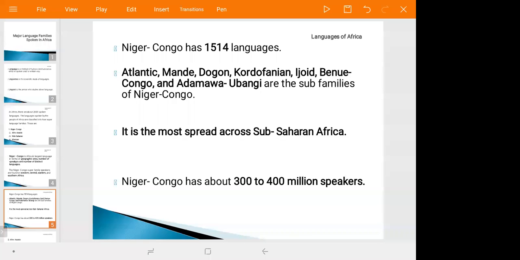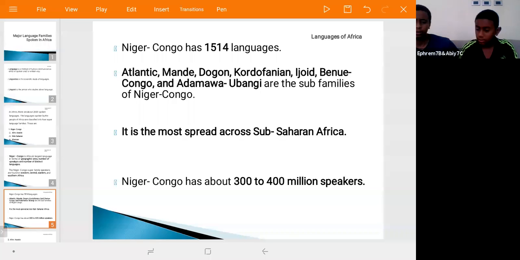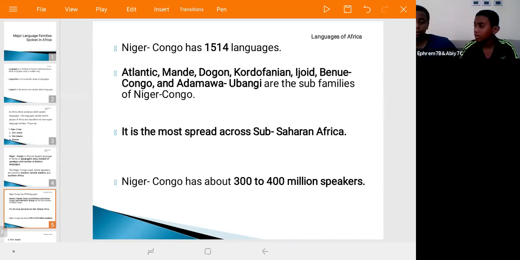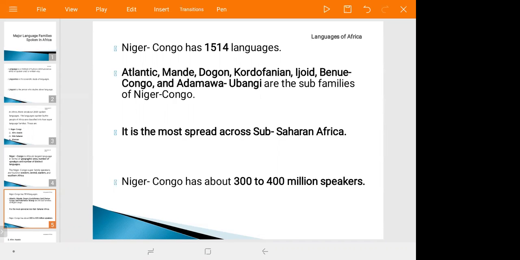Part of the Sahara? Is it within the Sahara Desert, or above or below the Sahara Desert? Yes, countries which are beyond or below the Sahara Desert.